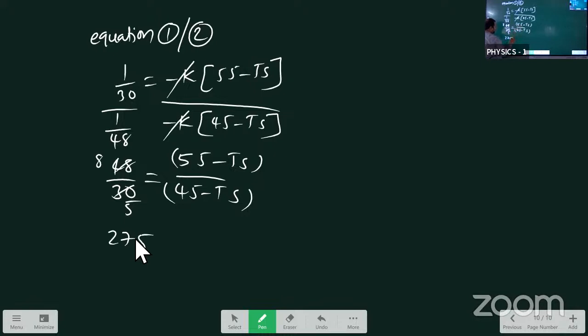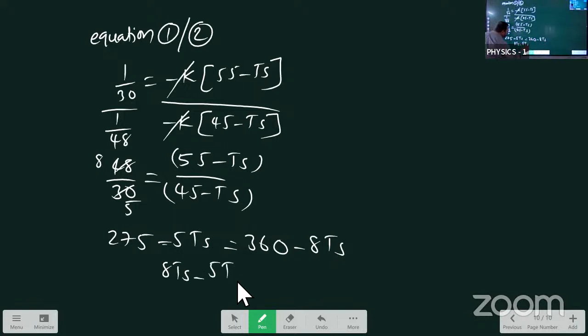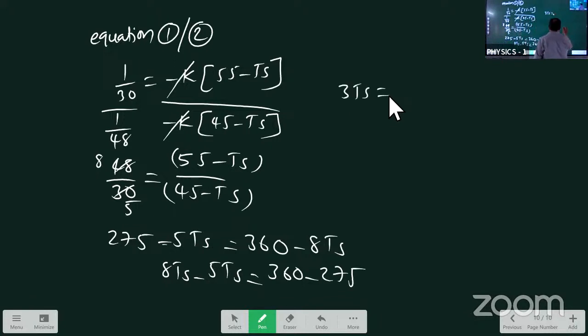275 minus 5 Ts. Cross multiply this one: 360 minus 8 Ts. Minus means plus 8 Ts minus 5 Ts; 8 left, 275 right. 360 minus 275, what is the balance? 3 Ts.